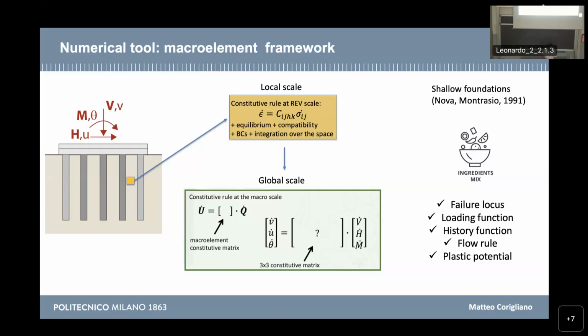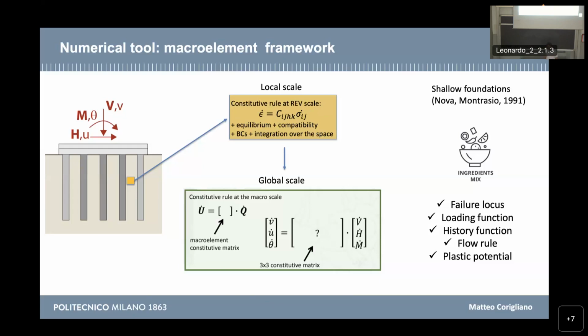In the framework of the macro element approach, I know what are the ingredients that I need, and I started from the case of the shallow foundation. It was developed, let's say invented, here in Politecnico a lot of years ago.